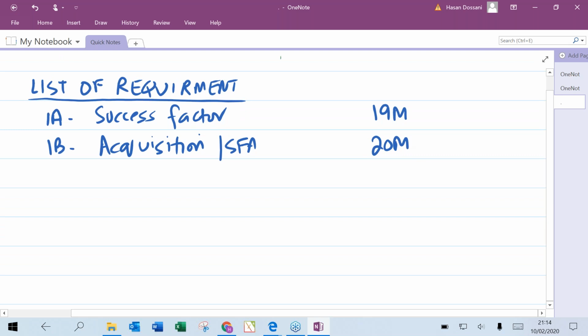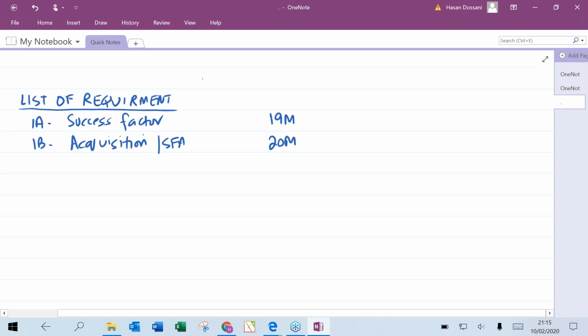I made a list. So when we read the requirements, I would quickly jot down the keywords on a piece of paper, so that I have the requirements in front of me as one small list.